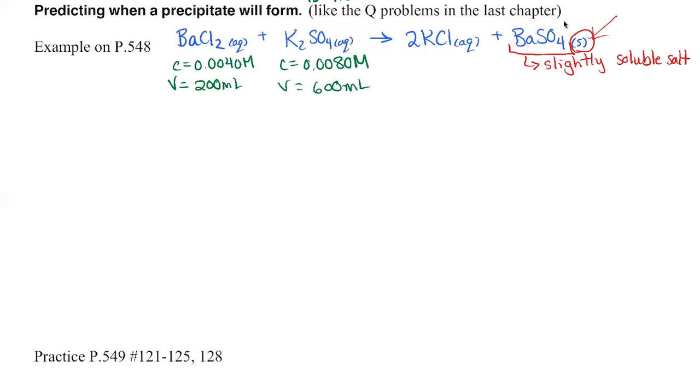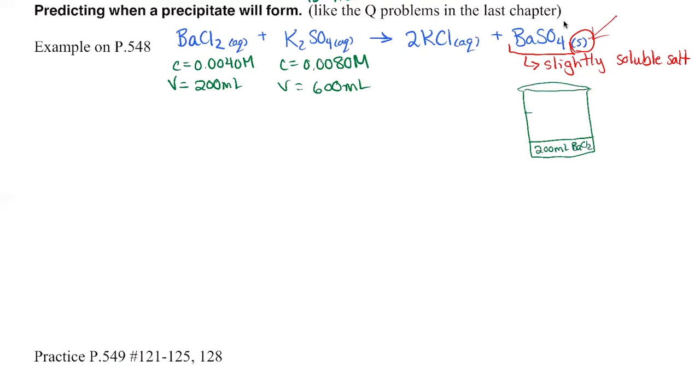To help you through questions like this, I find it really helpful to think of the actual reaction like you've got a beaker and you're pouring two liquids together, and then what are you making? So if this is our beaker, what we're going to put into here is 200 mils of the barium chloride.